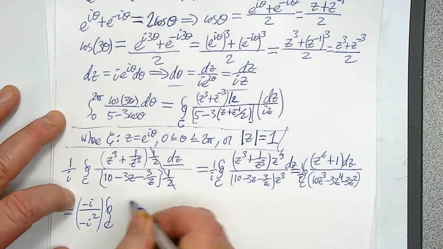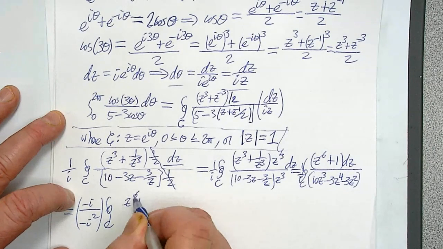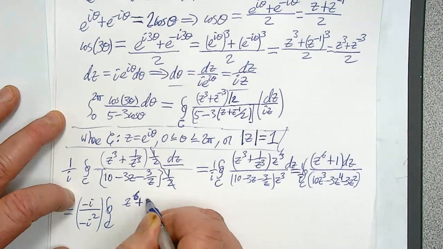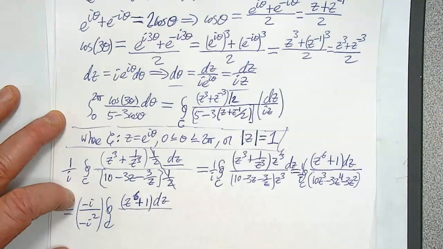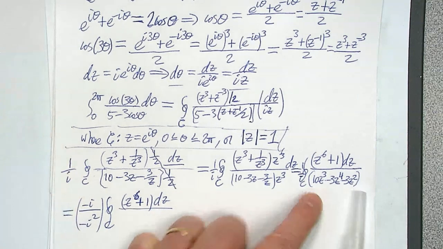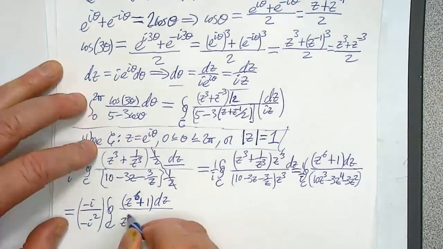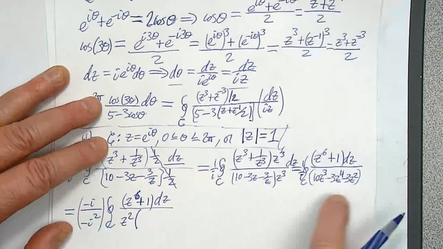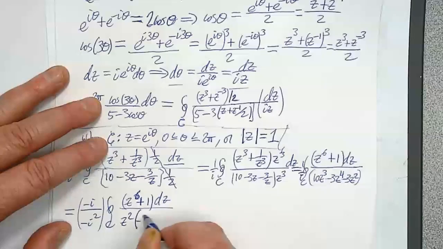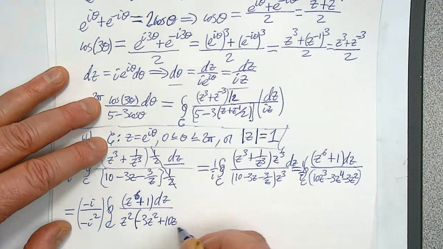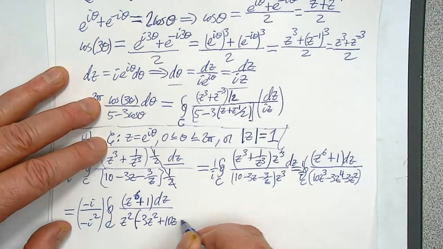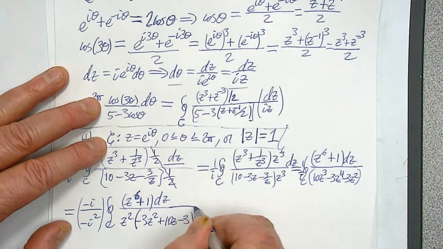Okay. And now, yeah, so then here's a common factor of z squared we can take out. So I'll factor out a z squared. And let's see, if I write this in descending order of powers, then I'll have a minus 3z squared plus 10z minus 3 here, right?